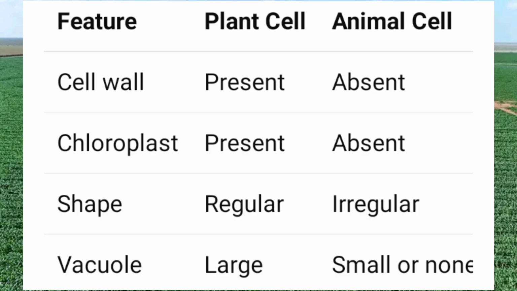Plant cells have chloroplasts, but animal cells have no chloroplasts. Plant cell regular in shape, but animal cell irregular in shape. Plant cell have large vacuole, but animal cell have small vacuoles or maybe none.